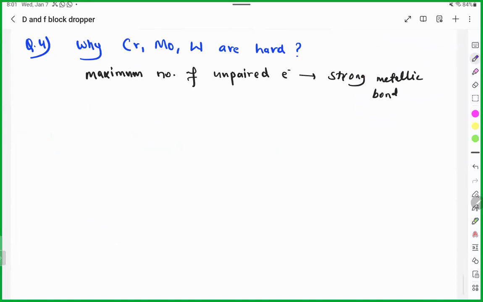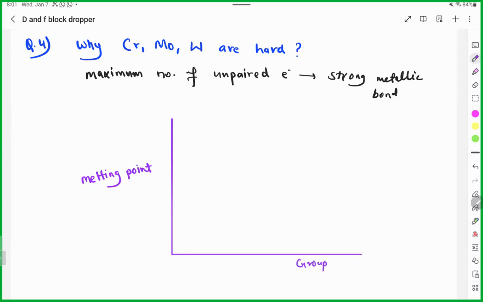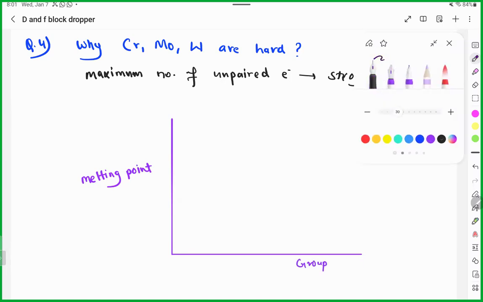Example, if you see melting point and any specific group, Samarth, what should be the graph shape? Straight line, parabola, hyperbola. What should be the shape?